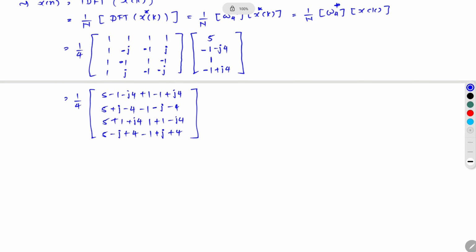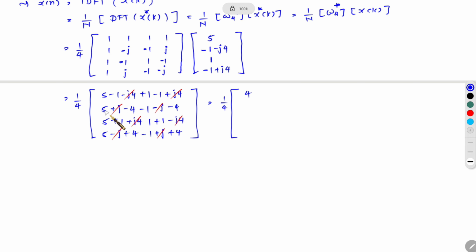Now, if you carefully observe, this j4 and this j4 have opposite polarity. Here this j and this j have opposite polarity. This 4j and this 4j have opposite polarity. And this minus j and plus j have opposite polarity. So we have a simplified calculation: 1 by 4, and this is 5 minus 1 plus 1 minus 1, so that has to be 4.